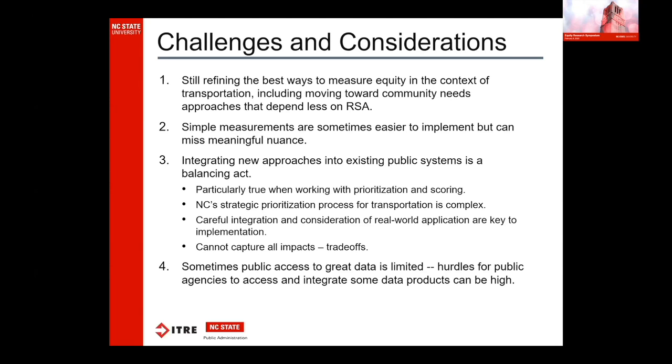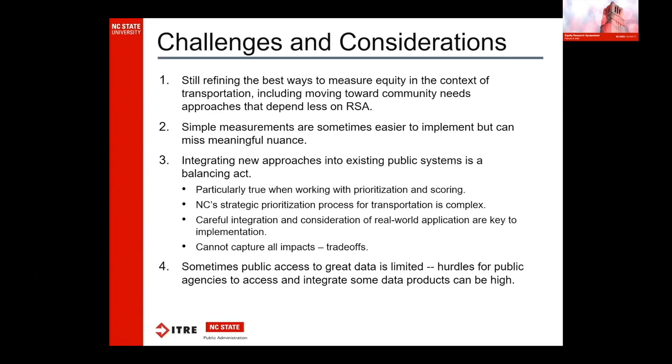One of the bigger sticking points is that we can't capture everything, and there may be trade-offs between what we can implement and capture meaningfully versus what may be difficult to impossible to build into the existing structure.